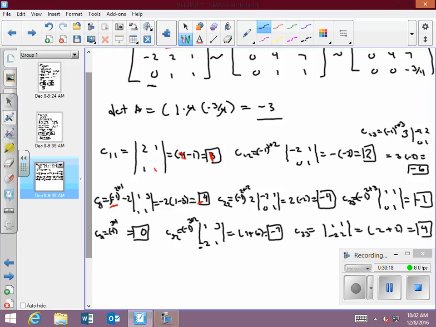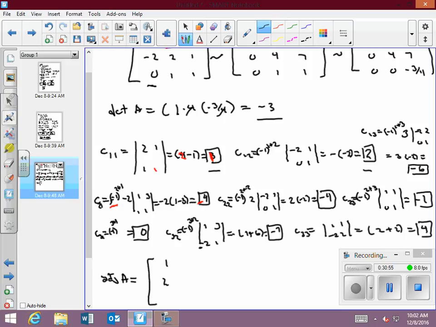Now, when we do the adjoint of A, what we do is we interchange the rows and columns. I wrote a cross, and the cross goes down. So this one goes there, that 2 goes here.